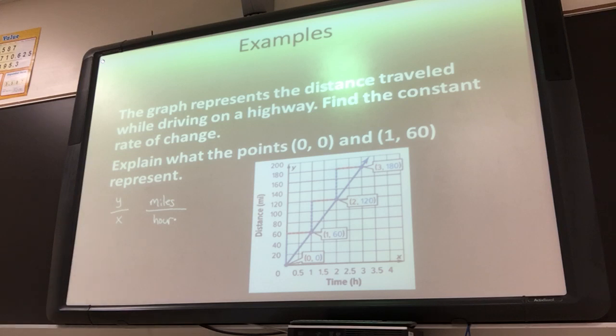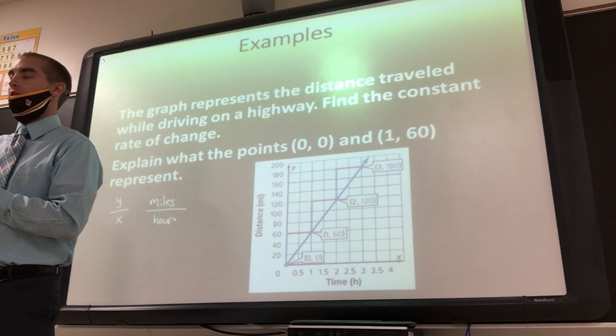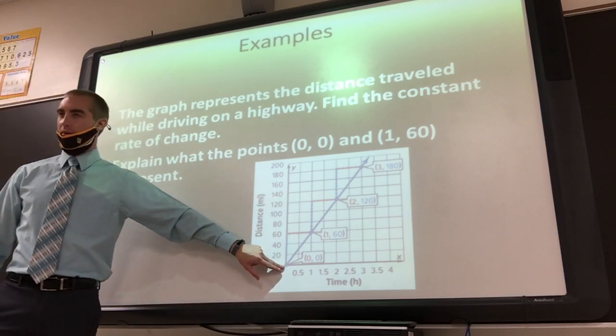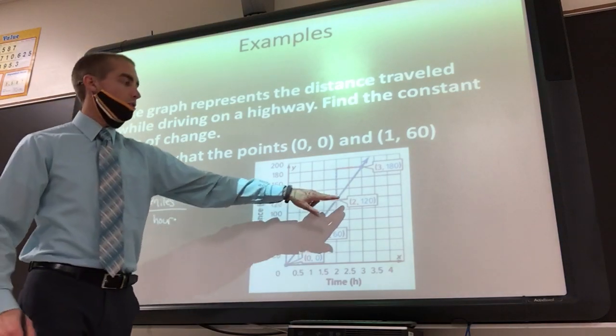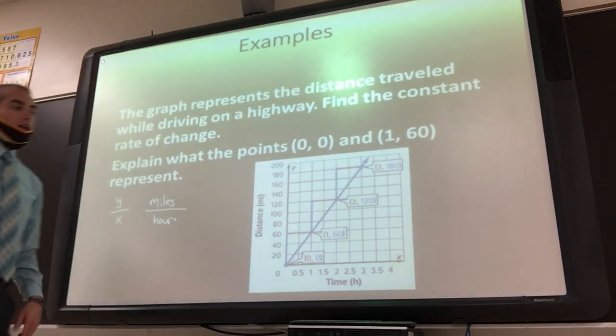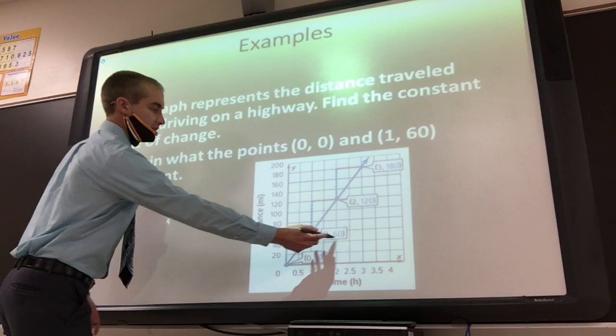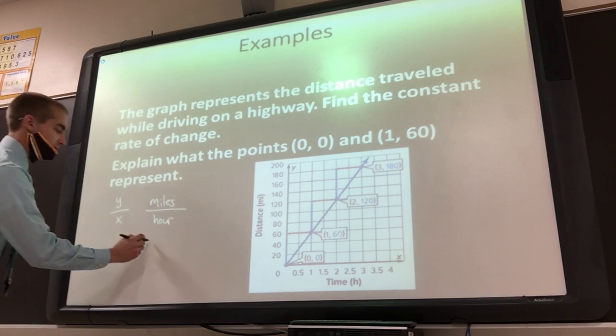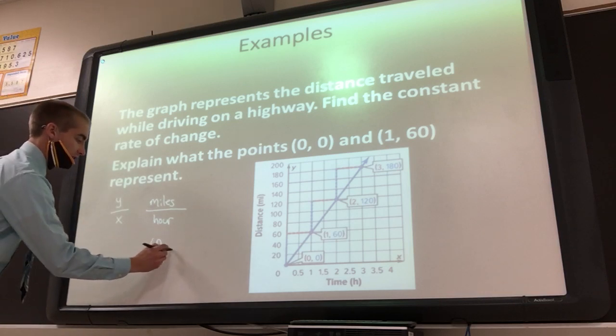Okay, and then what I'm going to do is just choose one of those points that they give us. It does not matter which one I choose. Just don't choose 0, 0. Doesn't make much sense to do that one. So I can choose 1, 60, 2, 120, 3, 180. How about we choose 1, 60? So remember, it's y over x. Y over x. So 60 miles every 1 hour.